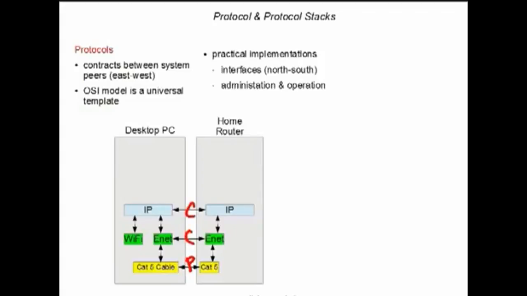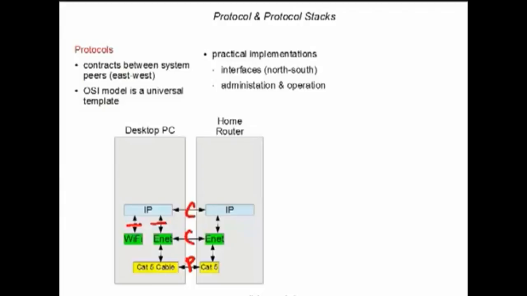The practical implementations of protocols also involve interfaces, north and southbound interfaces. So these are the southbound interfaces between the IP layer and the link layer. The specification of the protocol itself is in an IETF, an Internet Engineering Task Force request for comment, RFC, that has been adopted, and specifies how the messages will be passed, the exact formats, and how they are to be packed and unpacked.